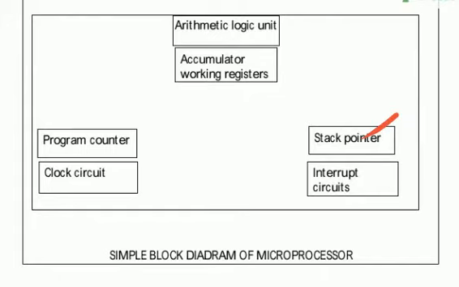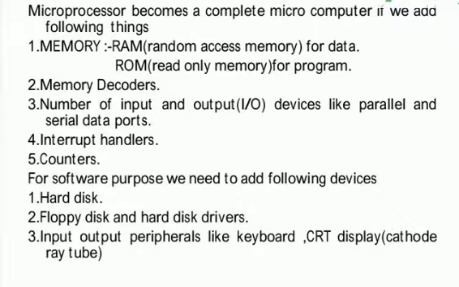The hardware design is such that any system can be configured based on the requirement of the application. The uses of a microprocessor are data storage, performing a large number of calculations and storing the results.